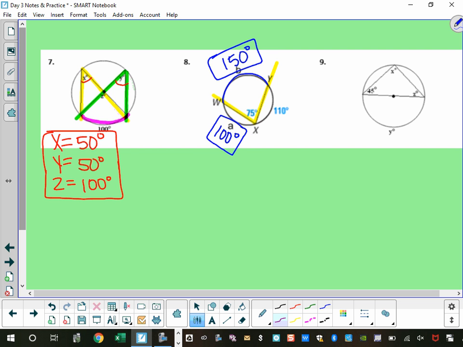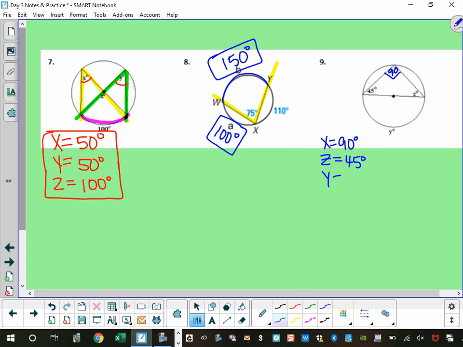For number 9, I would start with figuring out what x is. What is x? It's 90, right? Because that's your right angle. So x is 90 degrees. Alright, if we do our principles of a triangle, I know a triangle has 180 degrees. So 180 minus 90 minus 45 means that z is going to also be 45 degrees.